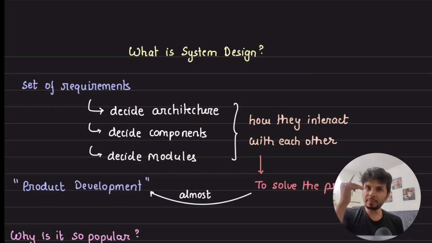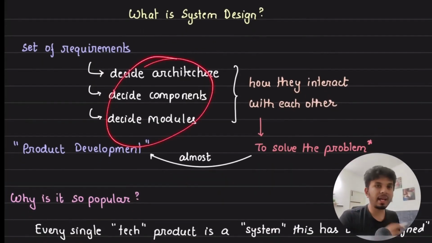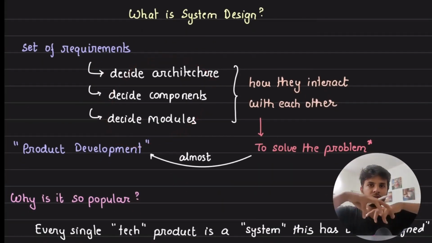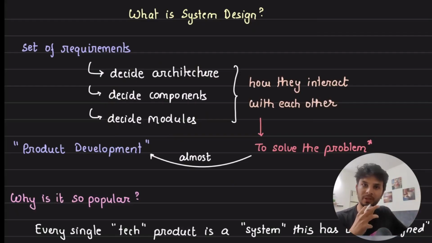So system design typically comes in three very strong flavors: you design the architecture, you design the components, and you design the modules. More importantly, when you design all these three, how do different parts of the system come together, and how would they interact with each other to solve the bigger problem? The bigger problem is to build Facebook, right?